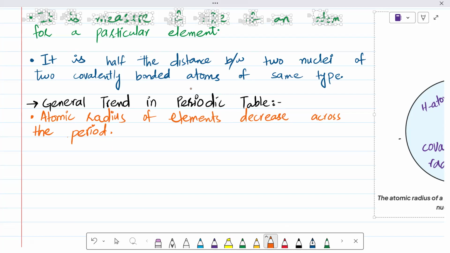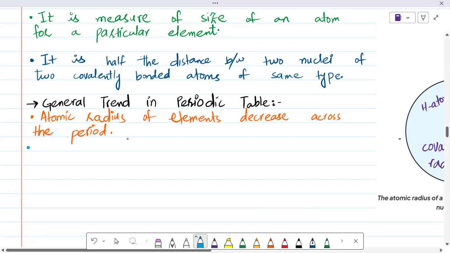So why are we saying that the atomic radius decreases across the period, if the atomic number increases? Because those extra electrons will only be added into the same shell. I am writing this statement and then I will explain what I am saying.